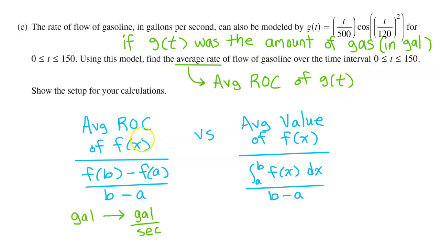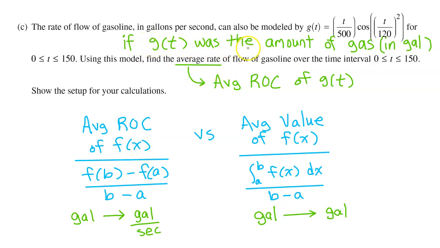Notice that the average rate of change formula changes the units from gallons to gallons per second. The average value formula does not change the units. If f of x is in gallons, the average value of f of x is still in gallons. In this case, we want the average rate of flow of gasoline, which is clearly gallons per second. So if this were the case, we would want average rate of change of g of t.